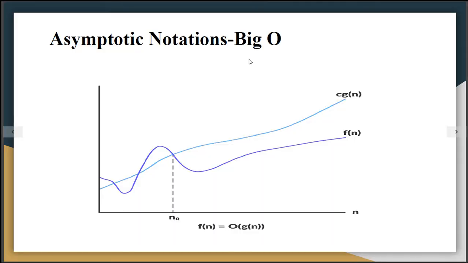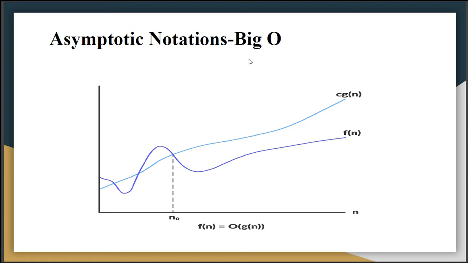Hello friends, in this session we will try to identify the asymptotic notations. In algorithm analysis, there are basically three asymptotic notations. The first one is big O, second one is omega, and the third one is theta.